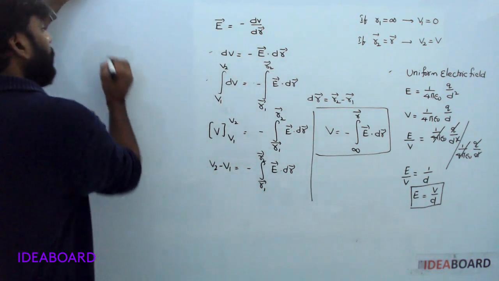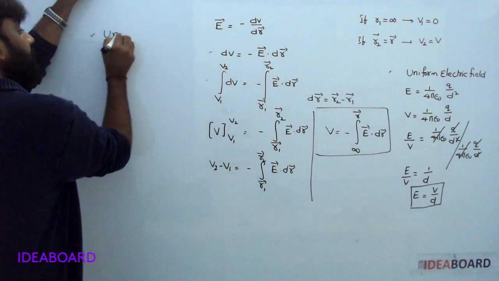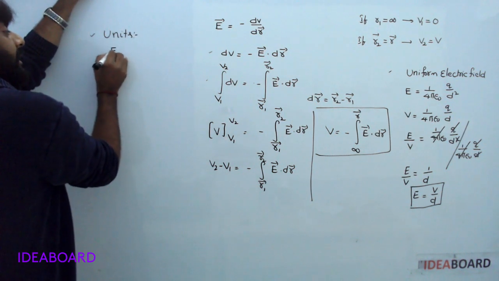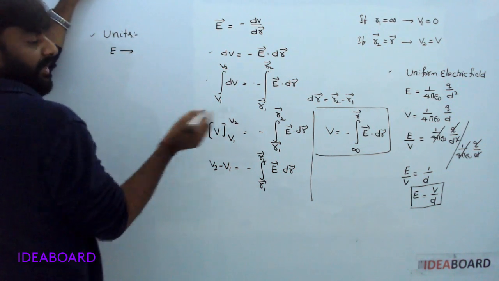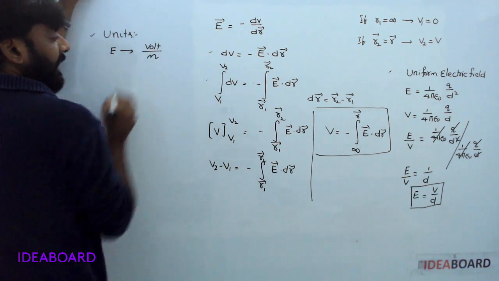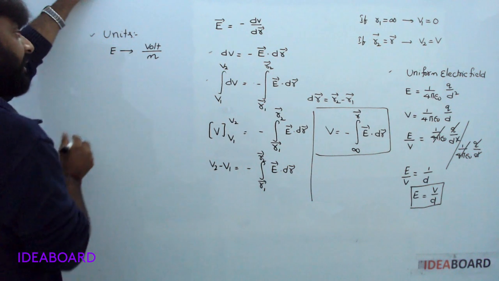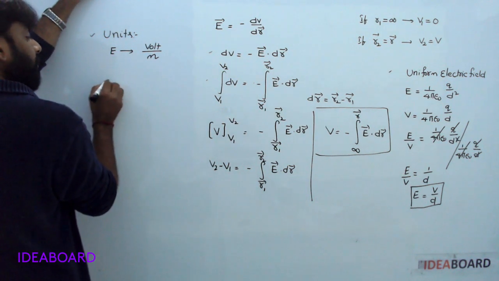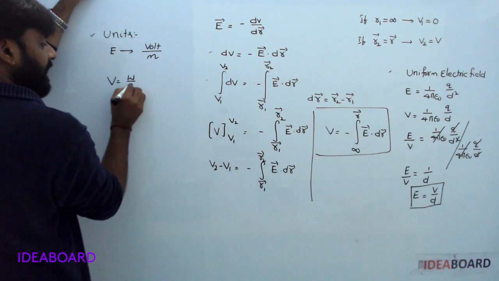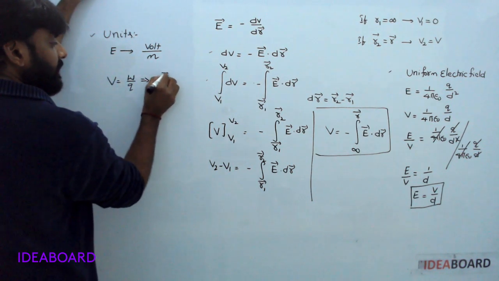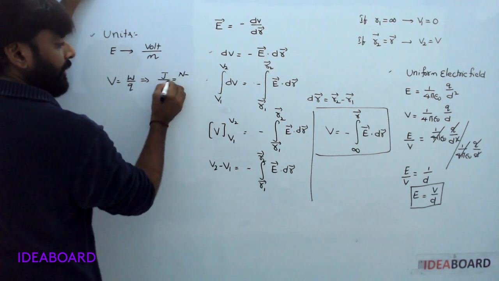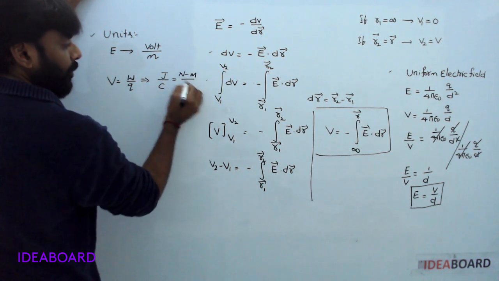E is equal to V by d in a uniform electric field. Now units. Electric field intensity V by d has units of volt per meter. You know V is equal to W by Q, that means joule per coulomb, which means Newton meter per coulomb.